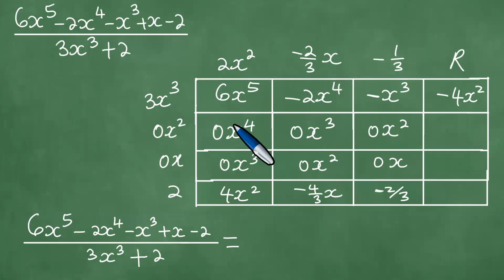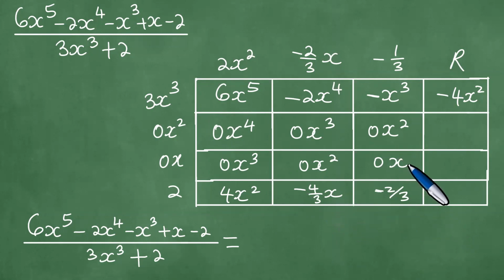Let's look at the linear terms, the x terms. We have minus 4 over 3 here, and we have minus 2 over 3. So we have minus 4 over 3x and the 0x.